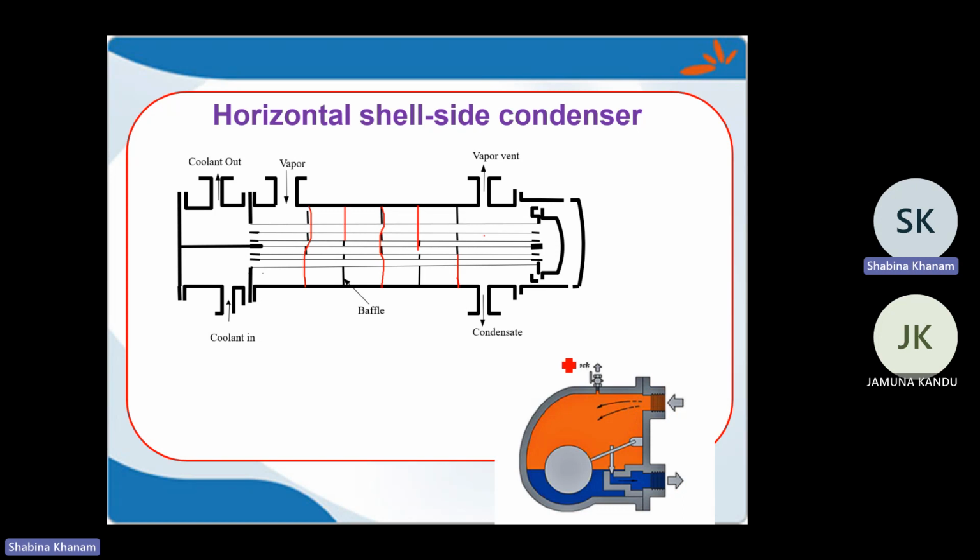So if you consider here at the exit, this valve is connected with this. Whatever condensate and steam, because the nozzle is not able to distinguish between condensate and steam, both will enter this chamber of the steam trap.